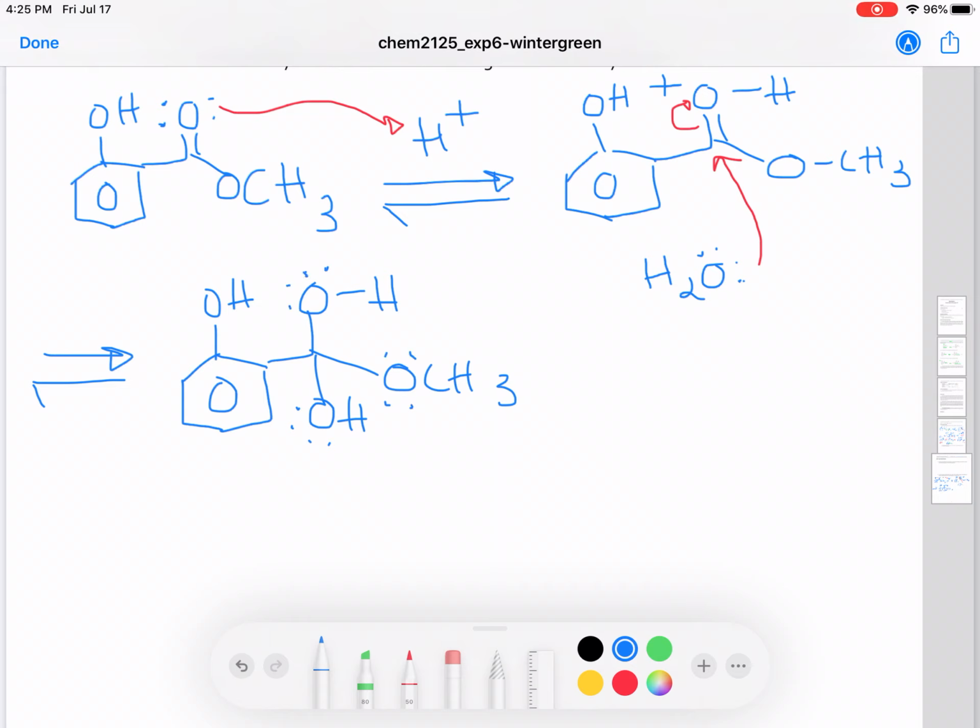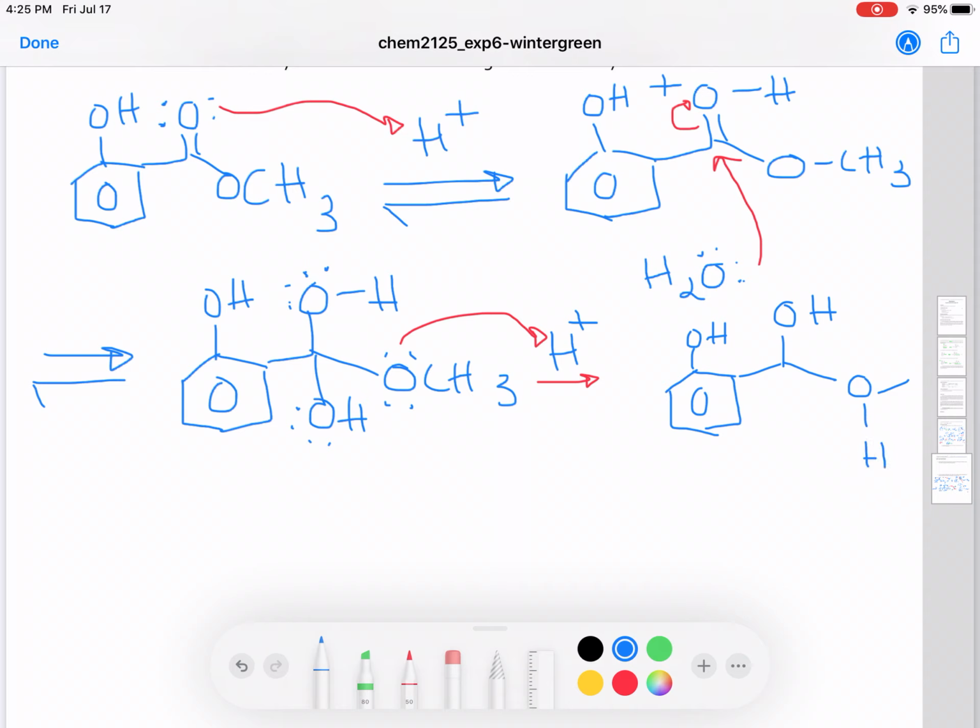But since we want the reaction to go forward, what we're going to do is make the methoxy oxygen protonated by another H plus in the medium. Normally these H pluses are found as hydronium ions, H3O plus. So it goes and takes up this hydrogen ion, and then what we're going to get is this intermediate, OH, OMe.